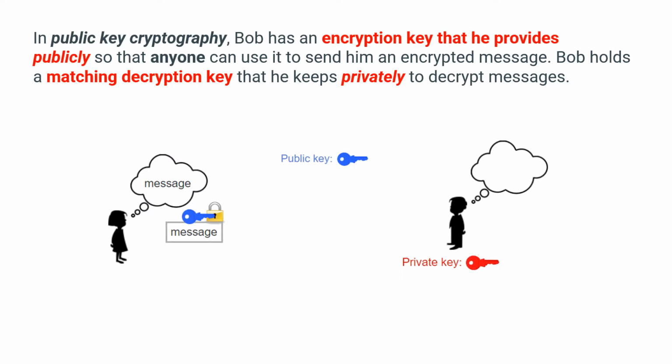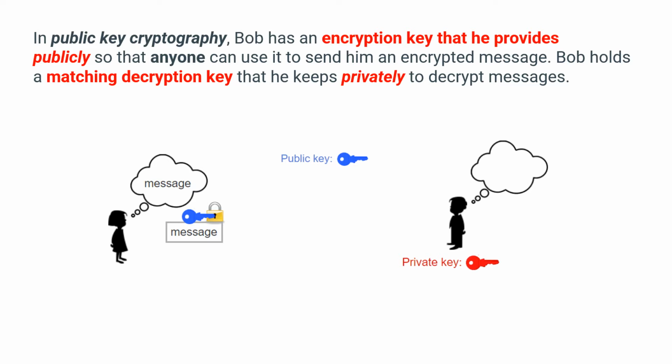In this public key cryptography, Bob, the receiver, is going to have an encryption key that he provides publicly so that anyone can use it to send him an encrypted message. Anyone can see this public key. The sender can see it. Even Eve can see it.